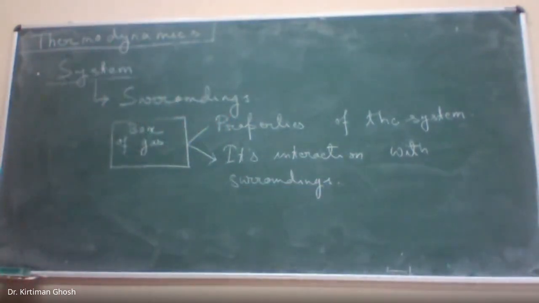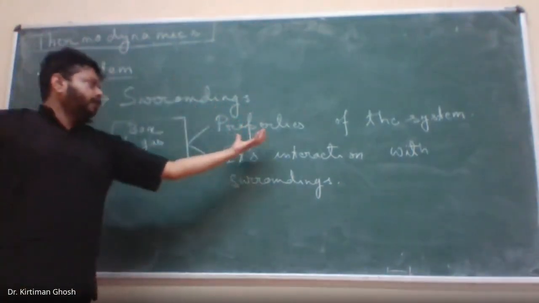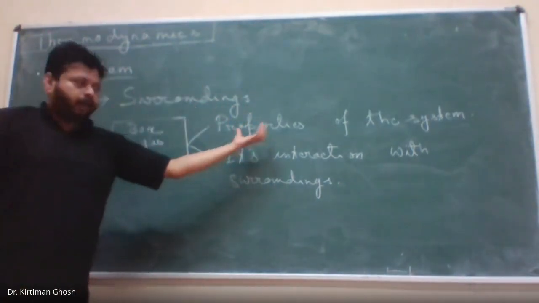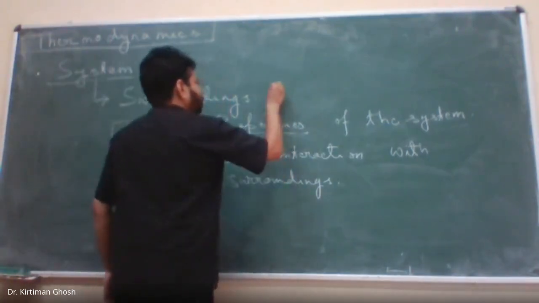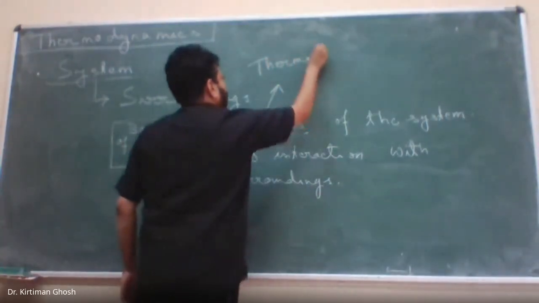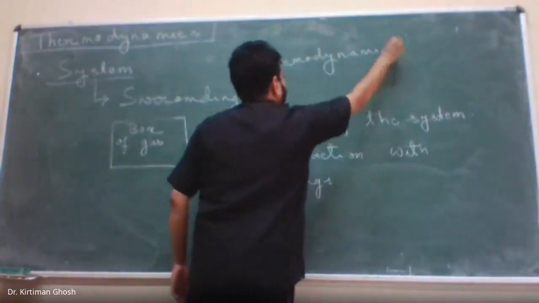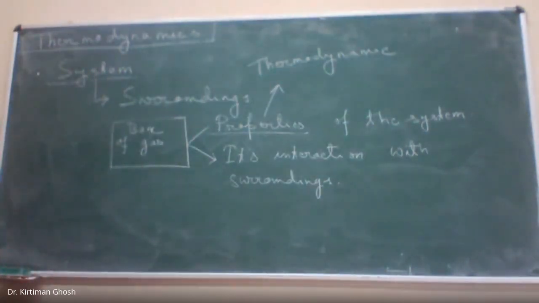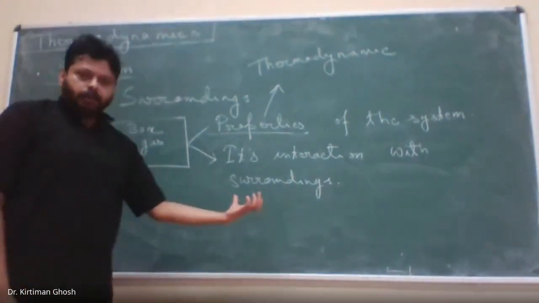So this is the objective of thermodynamics. We will study the properties of the system. Of course, we will study the thermodynamic properties of the system. I will come to that, what thermodynamic properties are. And also the thermodynamic interaction of the system with its surroundings.